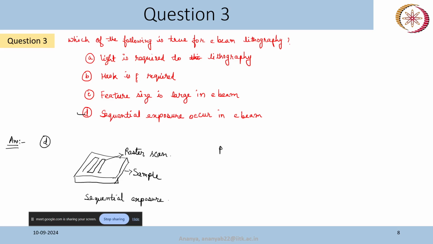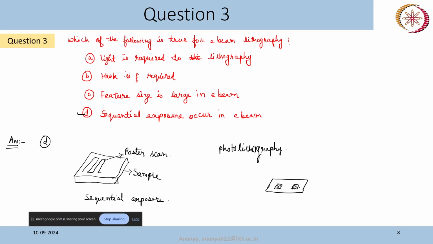What happens in case of photolithography? You will have a mask, which is typically a pattern of chromium on a glass substrate. These are not normal glass slides, but typically a thick glass, and then there will be some portion that will be dark.